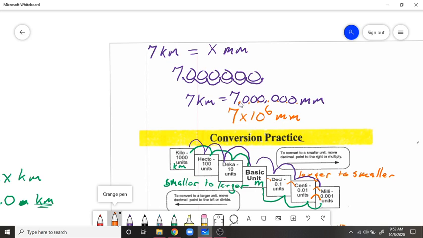You make your very large number be a number between 1 and 10. You do that by moving the decimal point. I move the decimal point 1, 2, 3, 4, 5, 6 times. So it's 7 times 10, and the exponent is the number of times the decimal point was moved. So 7 kilometers is equal to 7 times 10 to the 6th millimeters, or 7 million millimeters.